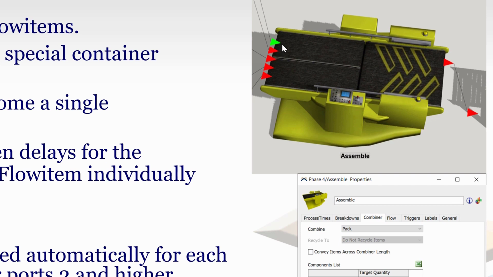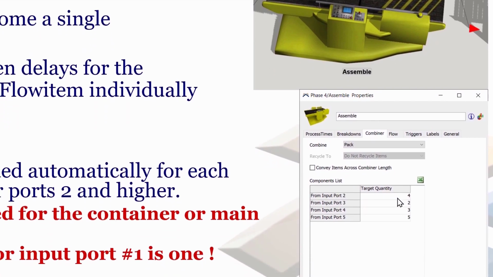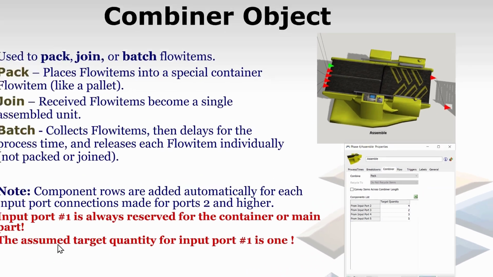So in the image here, you see the first port number, it's green right here, meaning it's open, but port 1 is where it receives the container through, and then the components are considered those objects connected to ports 2 and higher, so 2, 3, 4, and 5 in this example. And you list the quantity of parts you want to receive from each of those.